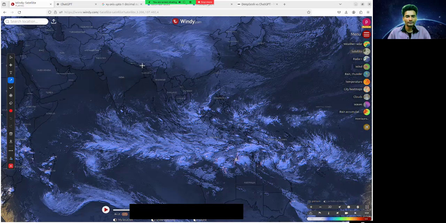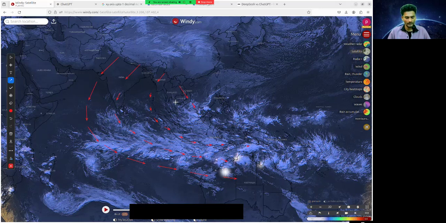So this cold air from the northern regions of India moves southwards and reaches over the Australian region, where it converges and manifests as the monsoon over the Australian region. This is the typical monsoon of the southern hemisphere.